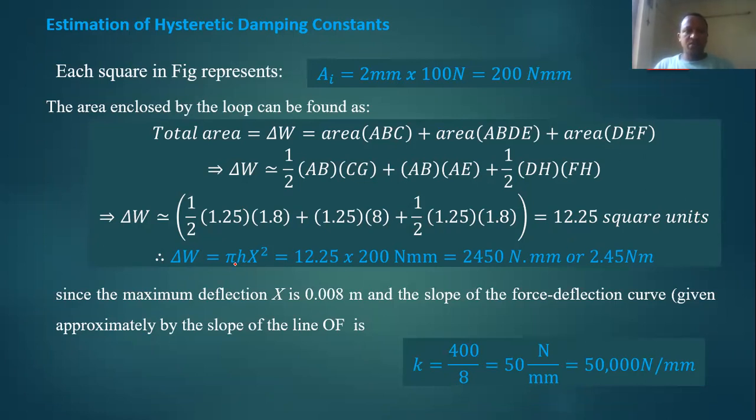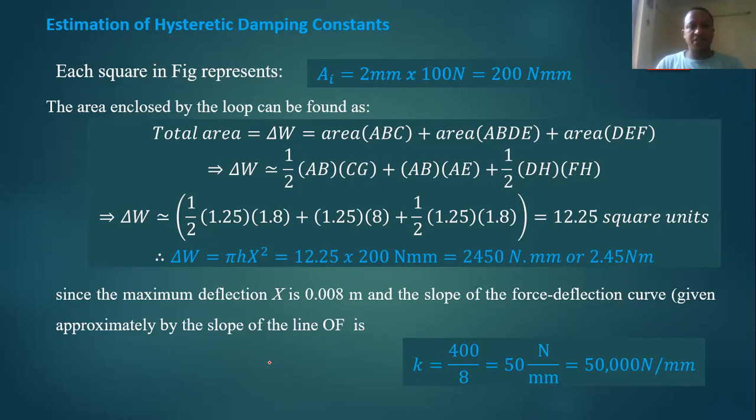So delta W is equal to pi h x squared, which is 12.25 times, this is just for a single unit, so for the overall, we multiply it by 200 Newton millimeter. So we get 2450 Newton millimeter or 2.45 Newton meter.